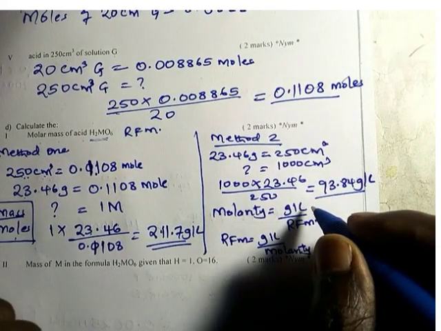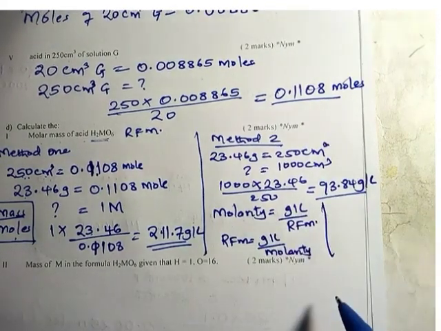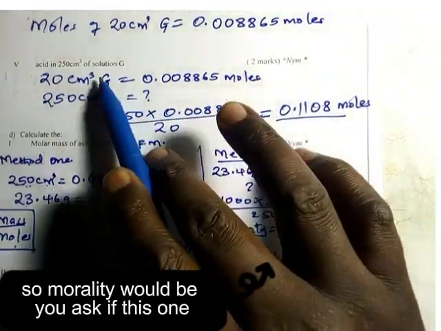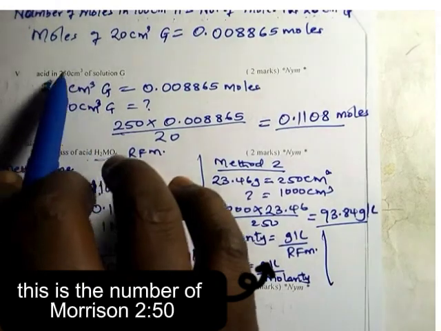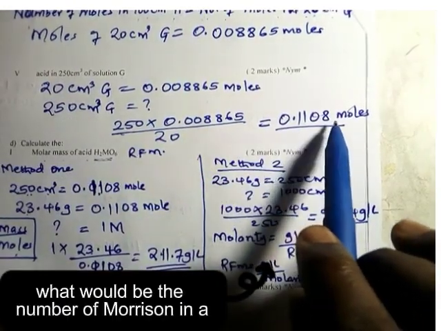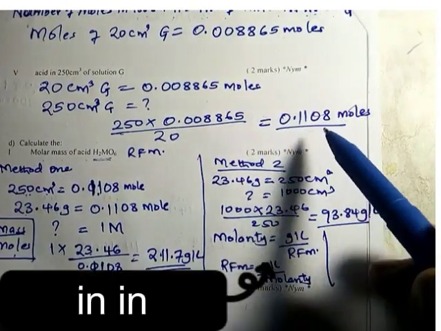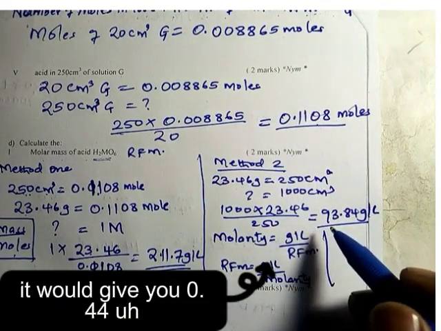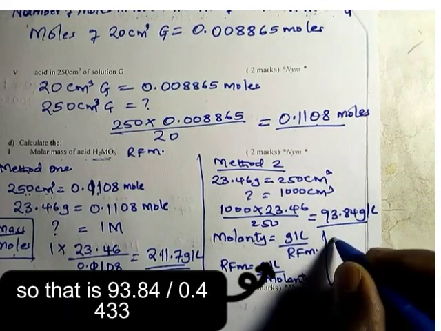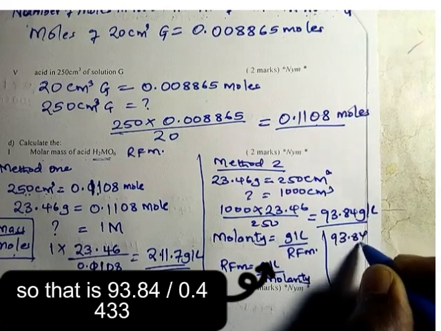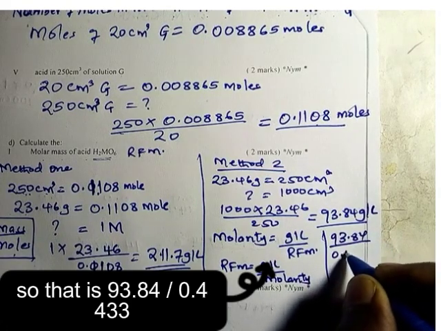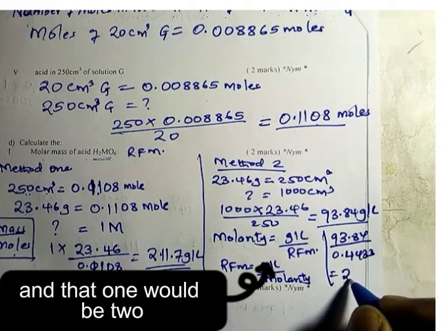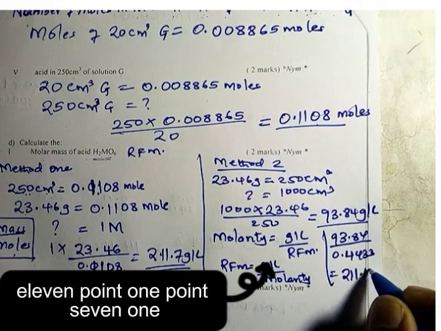Right? So molarity will be, you ask, if this is the number of moles in 250, what will be the number of moles in 1,000? It will give you 0.4433. So that is 93.84 divided by 0.4433, and that one will be 211.71.